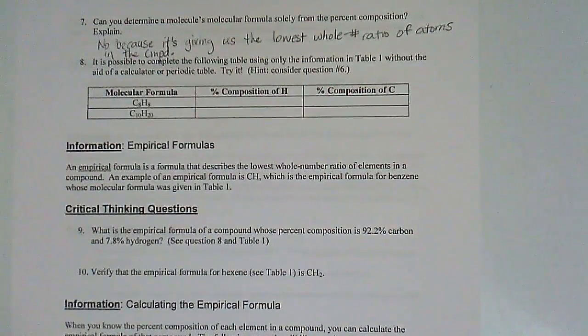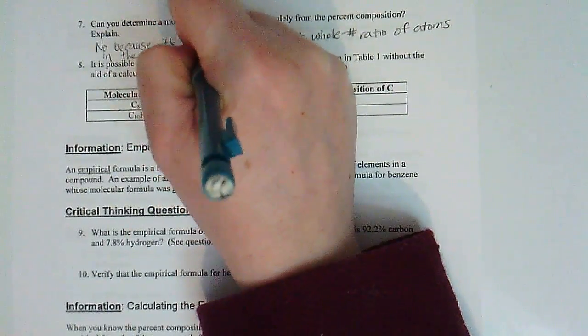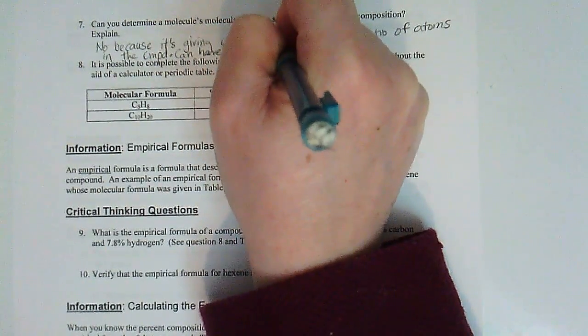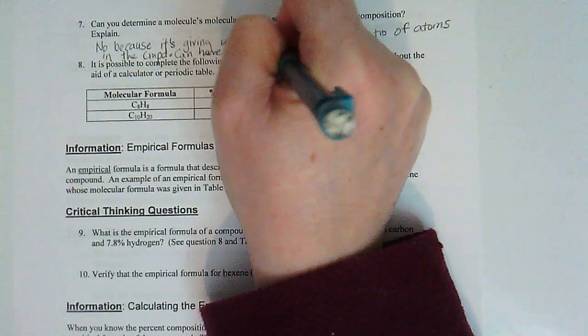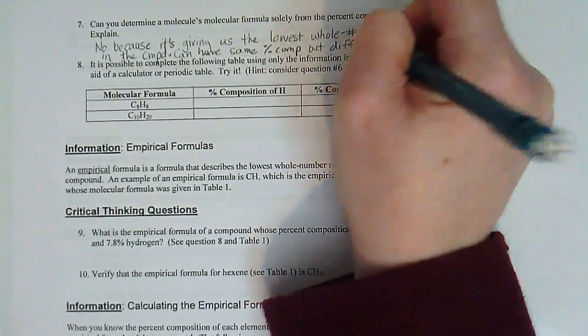Again, the person who wrote this explained it no. As can be seen in Table 1, compounds with different molecular formulas may still have the same percent composition. Okay, so we can have the same percent composition, but different molecular formulas.